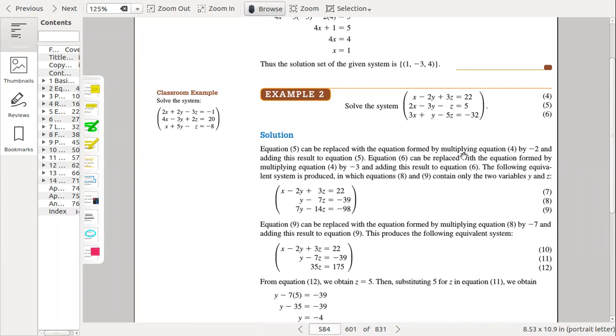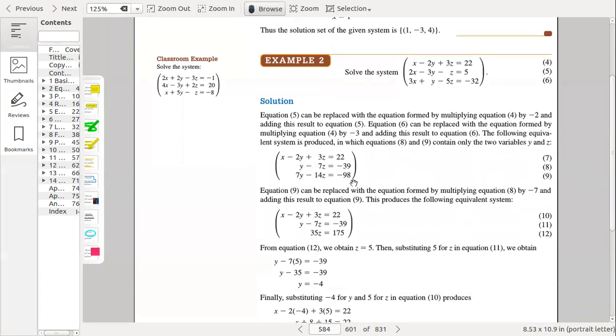So we have performed two steps. First, we multiplied equation 4 with minus 2 and added to equation 5. Then we multiplied equation 4 with minus 3 and added it to equation 6. So there we have gotten this system.